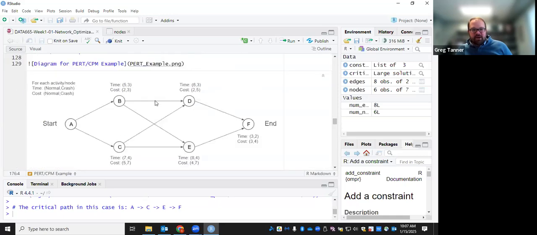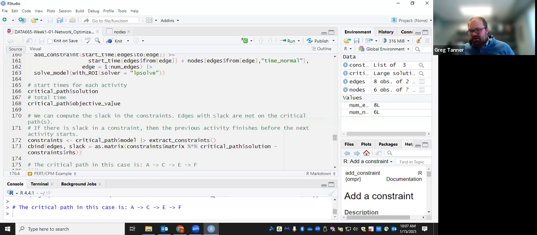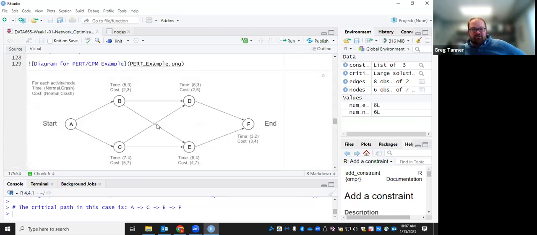And so you can cut those ones and then look for paths that still exist from the start to the finish, and those will be your critical paths. Okay. It really does help to jot down some notes on the actual network to figure out what that critical path is. And in this case, it's A to C to E to F that's on the critical path.